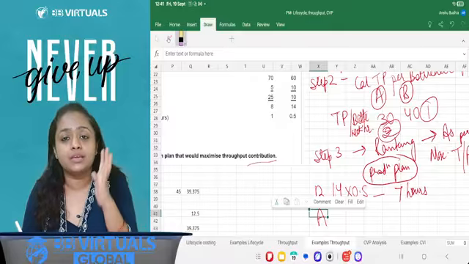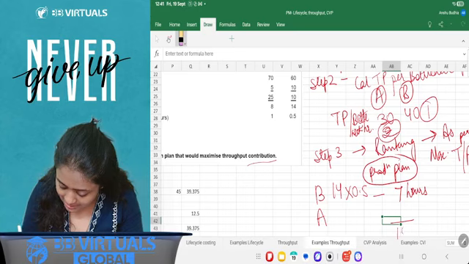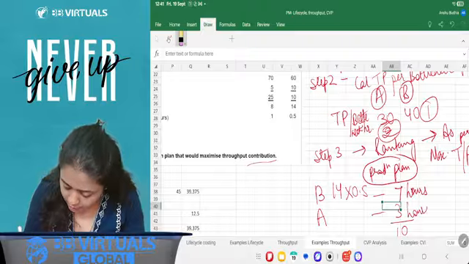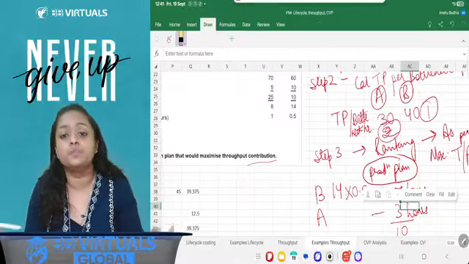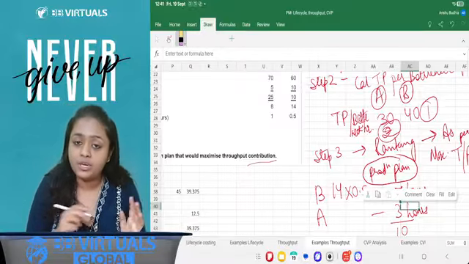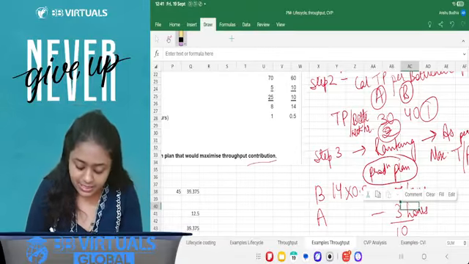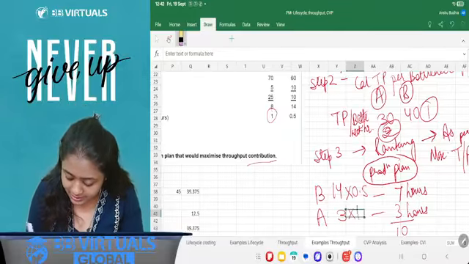So total time that we can give to product B is 7 hours. Total here is 10 hours availability. So remaining 3 hours can only be given to product A. Clear? Because it is a bottleneck. We cannot increase beyond 10. So how many units we can make for product A? Each unit requires 1 hour. It is given here. So we can only make 3 units of product A.